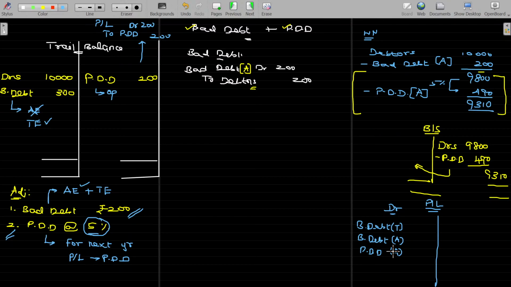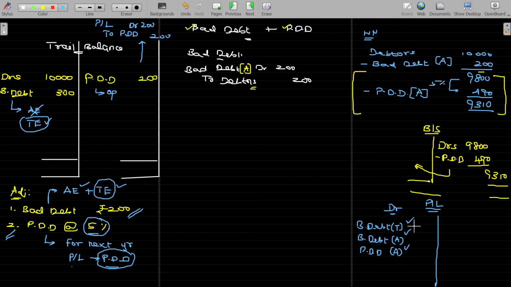Bad debt is a loss, debit to P&L account. So this is also required to be transferred. And the new bad debt we came to know only after the preparation of the trial balance, given in the adjustment, will also be transferable. For the next year, again, I have to create the PDD and transfer it to the P&L account. So this is also transferred here. These are the three numbers.